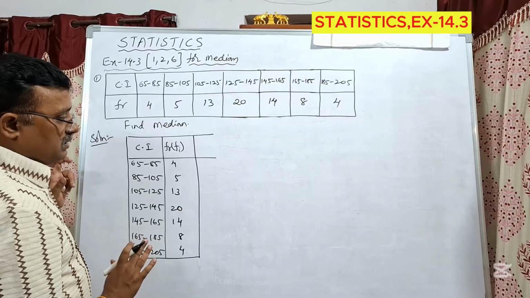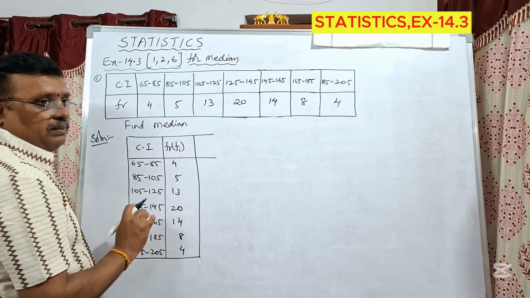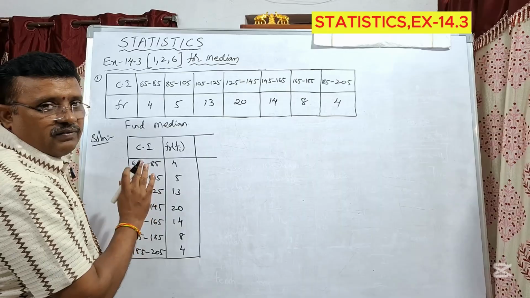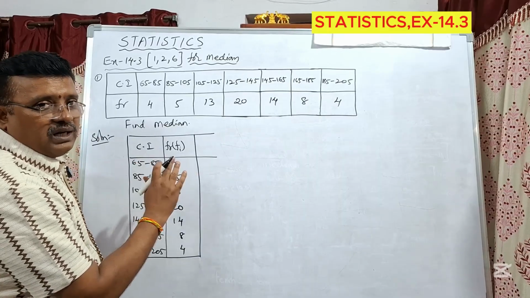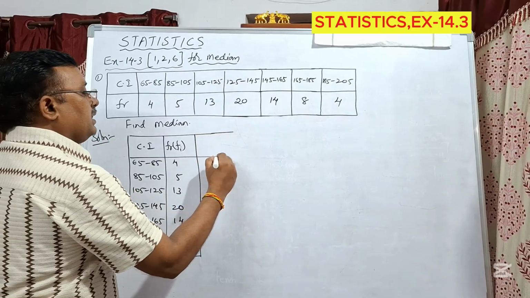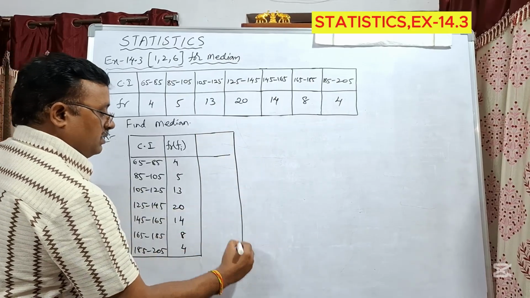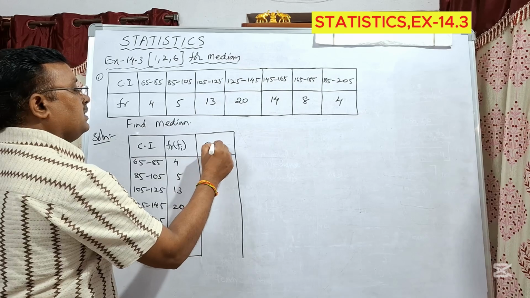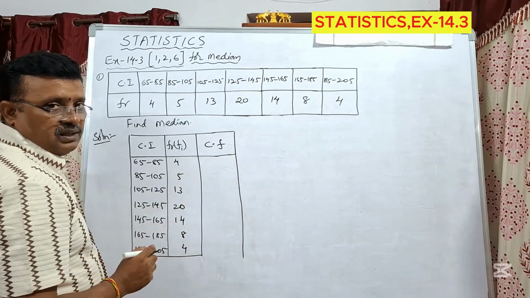Then for finding the median, what do we need to do? Only one extra column has to be prepared. That will be called cumulative frequency.